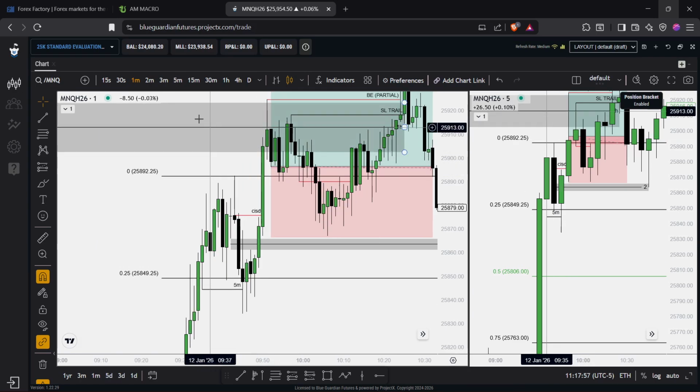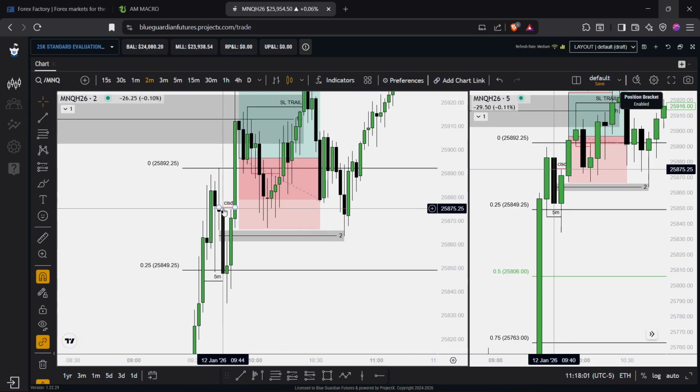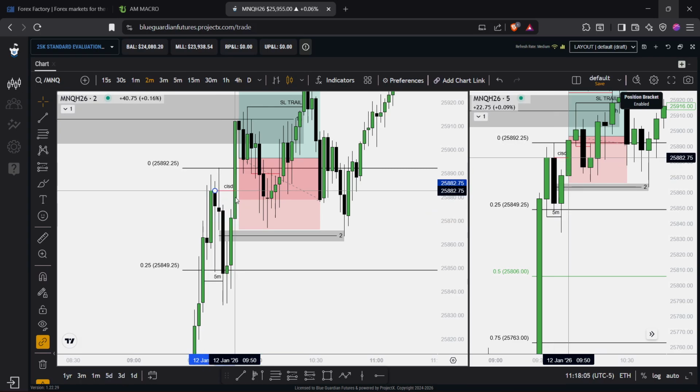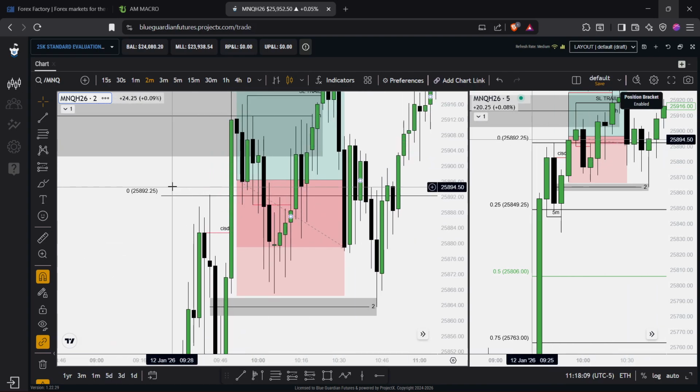That's why my entry was a little bit high and I placed it around the 2 minute change in state mark. I considered this my 2 minute change in state, and when the market gave a pullback here was my entry.